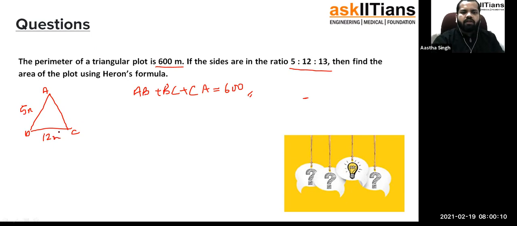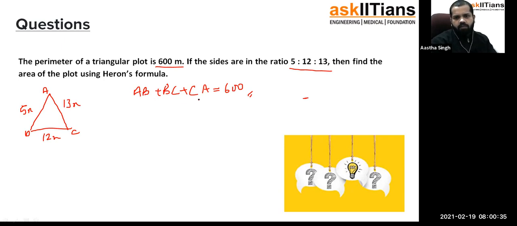Why? Because the ratio is the same, 5:12. And the side AC will be 13x. Guys, whenever a ratio is given, just multiply with any constant. You will just suppose any constant and multiply it, and then just find the value of x, right?